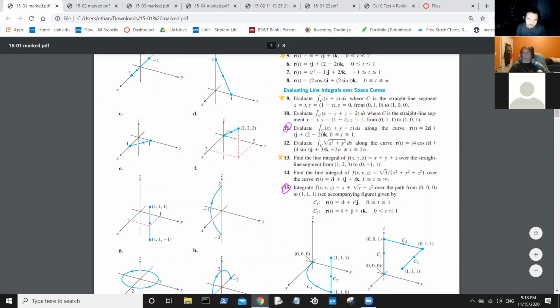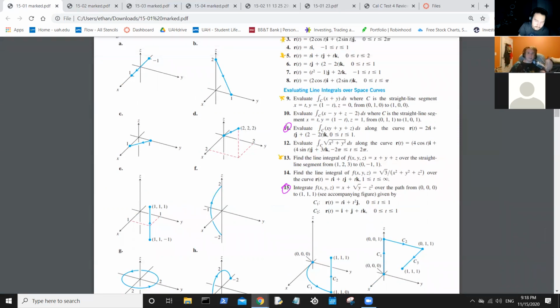So this time it looks like he's kept his word on that and done odds only. So we have to evaluate xy plus y plus z ds along the curve r of t equal to 2t i plus t j plus 2 minus 2t k, bound 0 to 1.